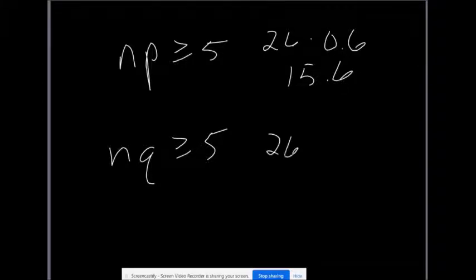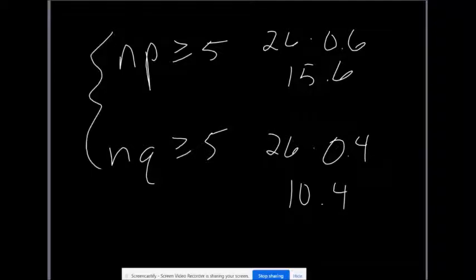And then 26 times 0.4 is 10.4, which is also greater than 5. So these are the conditions to test to see if a binomial distribution can be approximated by the normal distribution.